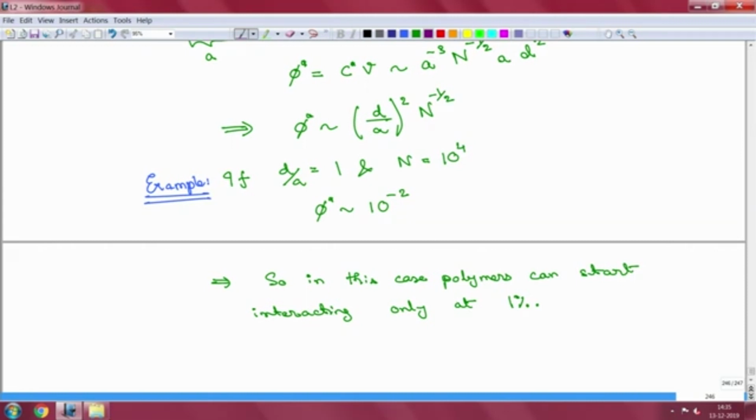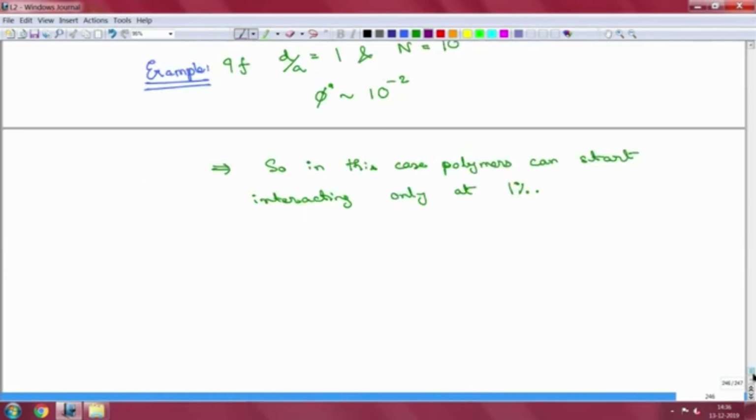We must remember that this entire calculation holds only when n is much greater than 1, because in the beginning we took the idea that the polymer exists as a coil, and that coil structure can only exist if n is much greater than 1.